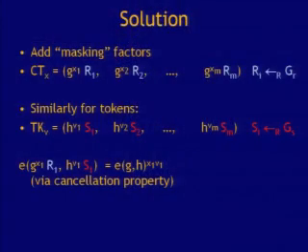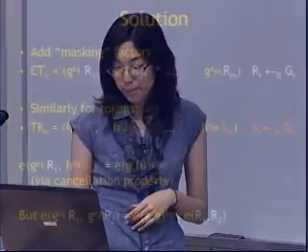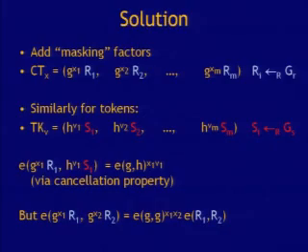So now, because of the cancellation property that I mentioned before, if we pair a ciphertext component with a token component, the R and the S are going to cancel out because they're from distinct subgroups. But if we improperly combine 2 ciphertext components or 2 token components, then the randomization is from the same group, and it's not going to cancel out, and the result will look random.